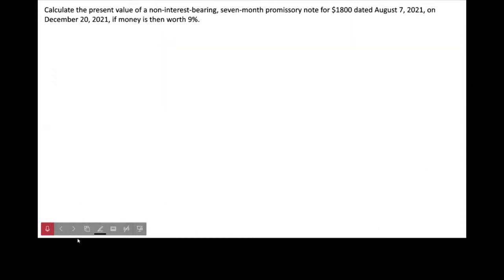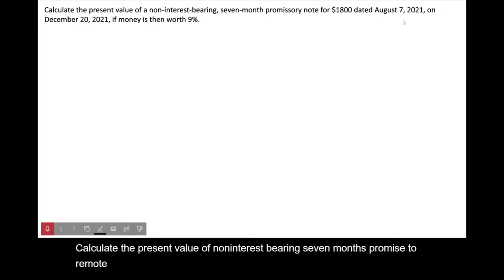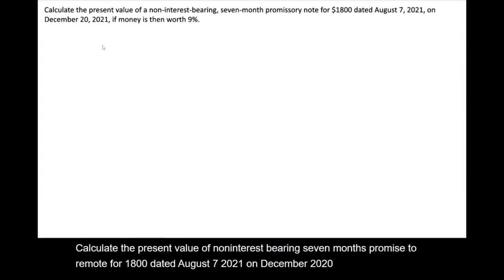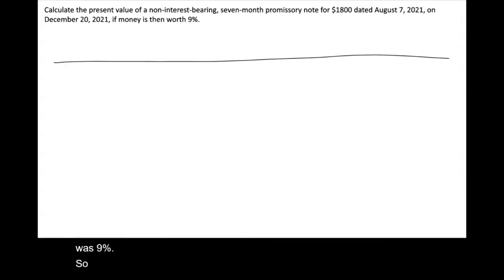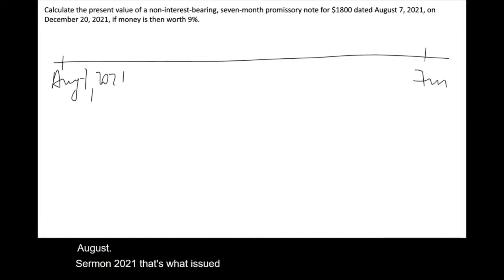Okay. Calculate the present value of a non-interest bearing 7 months promissory note for 1800 dated August 7, 2021 on December 20, 2021 if money then was 9%. So non-interest bearing note, August 7, 2021, that's the issue date. 7 months.